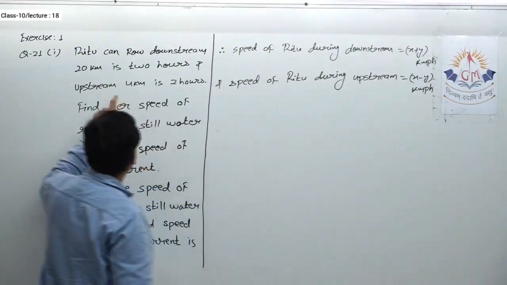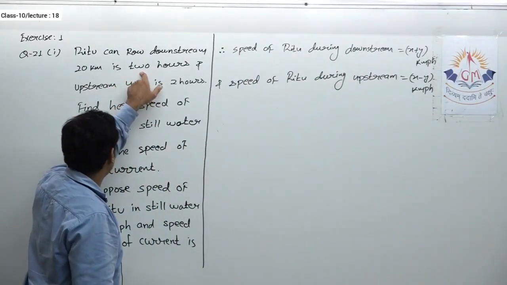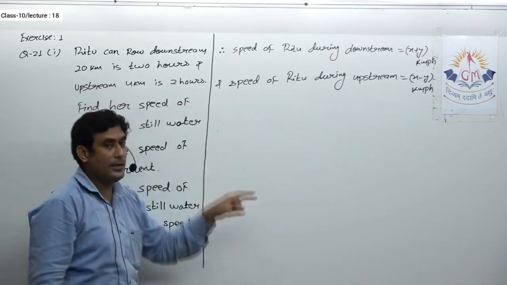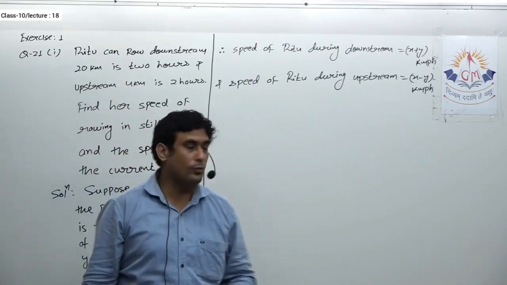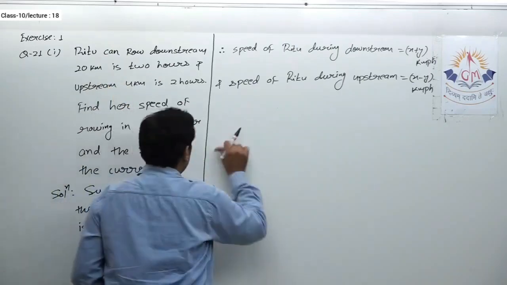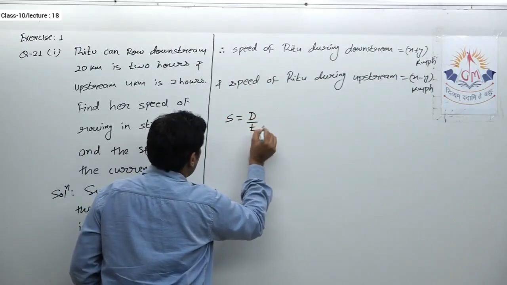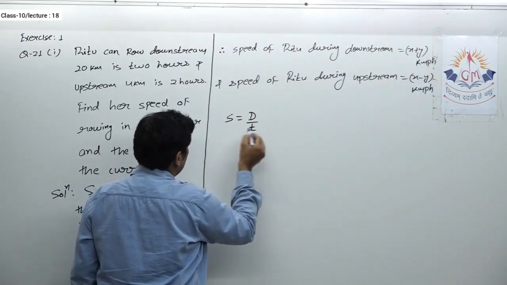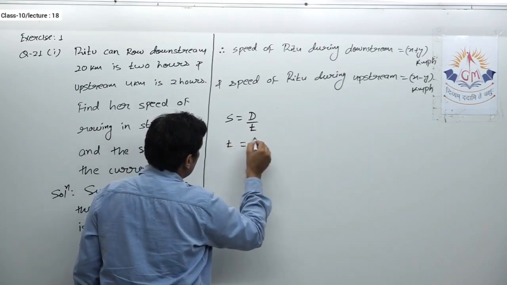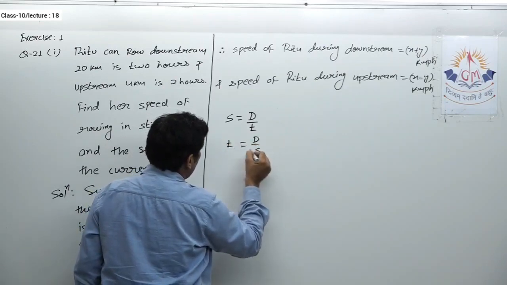Now it is also given in the question how much time it takes and how much distance she covers in those two cases. We know speed is equal to distance upon time, and time is equal to distance upon speed.